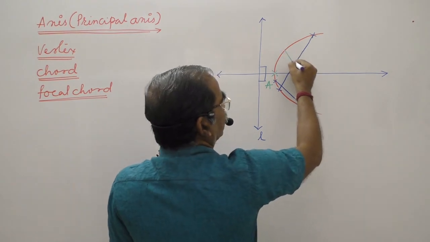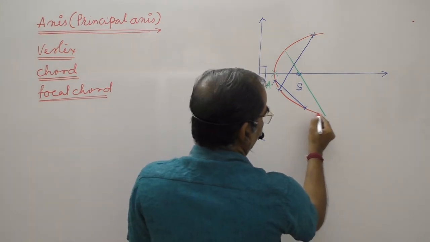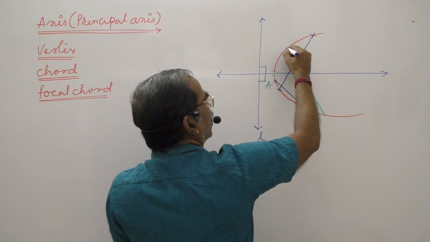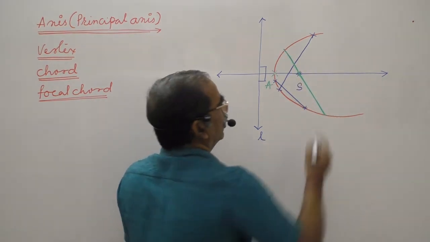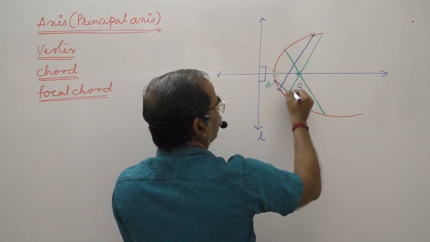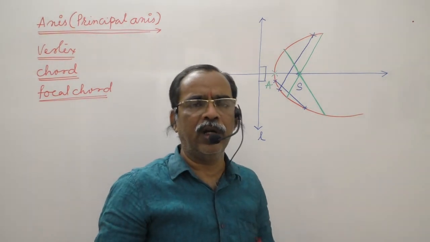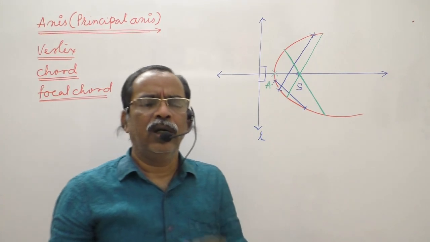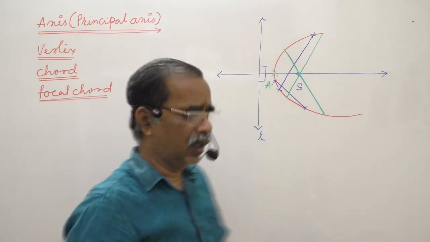See now, this is a chord, and it is passing through the focus. Therefore, it is a focal chord. See, another one. This is also a chord, and it is passing through the focus. Therefore, it is a focal chord. What is a focal chord? A chord passing through the focus is a focal chord.